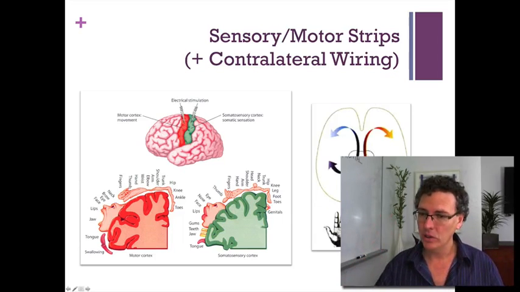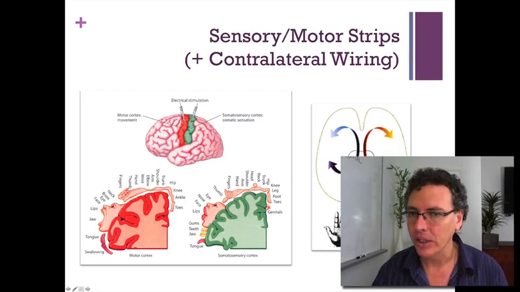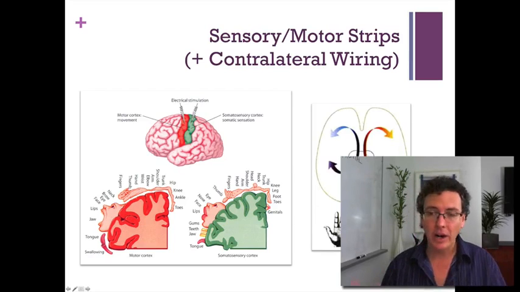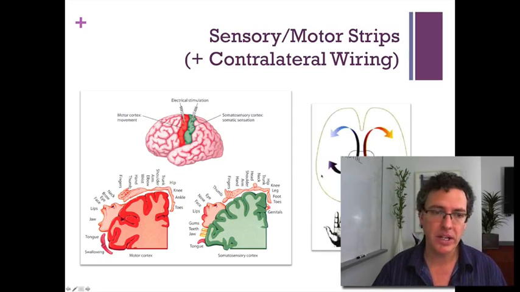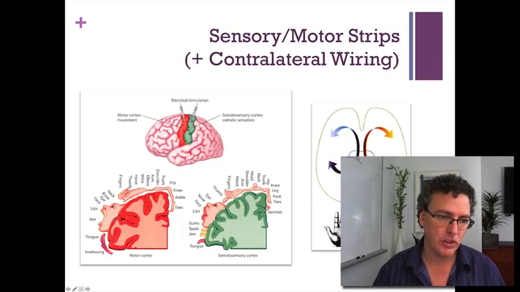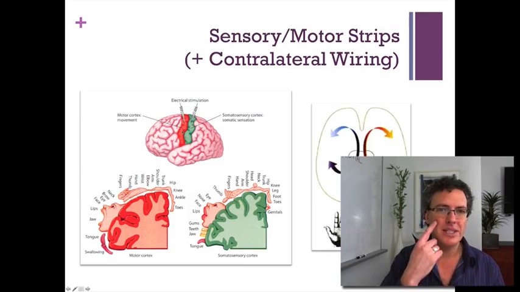So there's this weird little crossing that goes on. I've never heard a really good story for why we're wired like that, but there's no doubt we are. So if I stimulated a part here that might be associated with your cheek, but I do it on the left side of the brain, what I would see is your right cheek flinch.